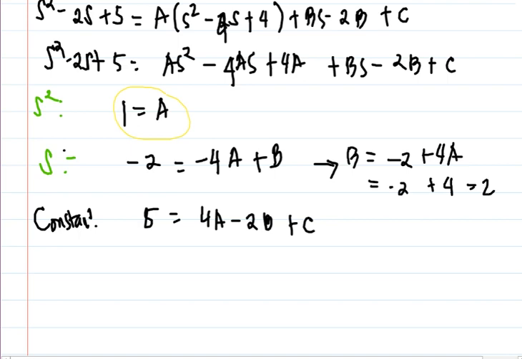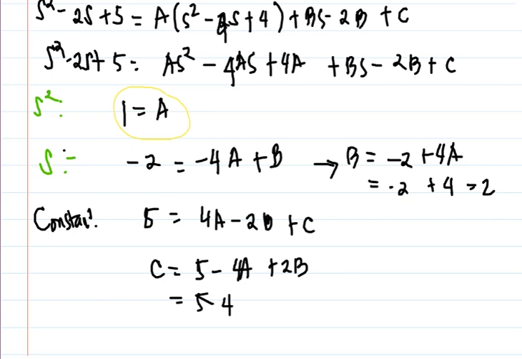Our C, we can also get. So, our C will be equal to 5 minus 4A plus 2B. So, this will be equal to 5 minus 4 plus 4. So C will be equal to 5.